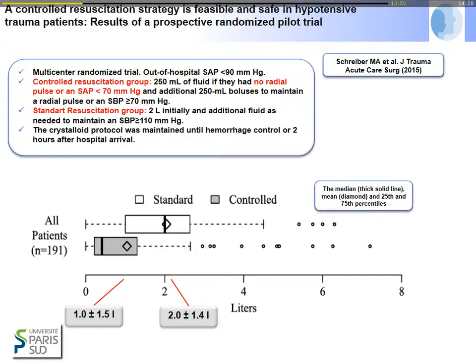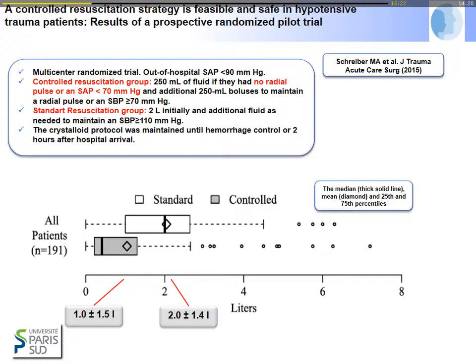As you can see, they give 250 milliliters of fluid if there is no radial pulse or if the systolic arterial pressure is lower than 70 millimeters of mercury, and then they give additional boluses to maintain a radial pulse or a systolic blood pressure higher than 70 millimeters of mercury.